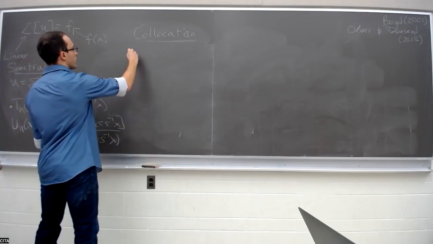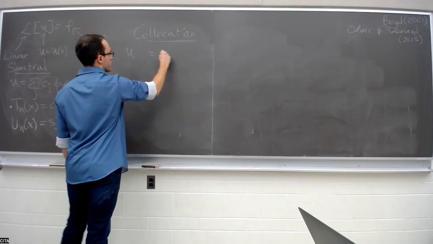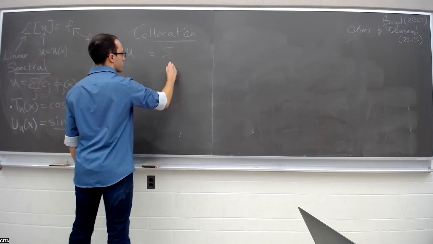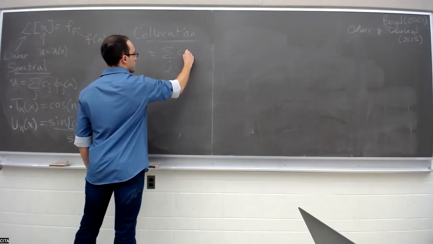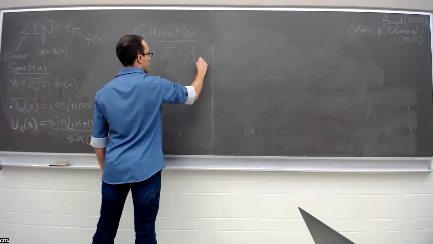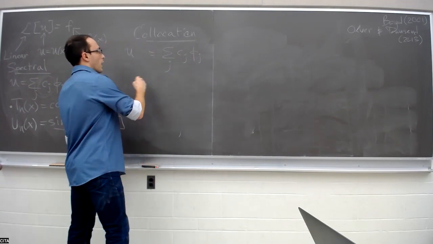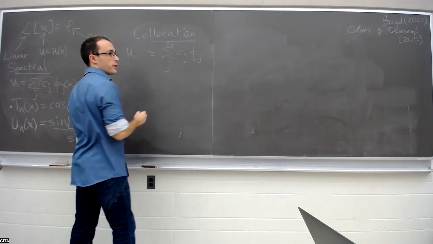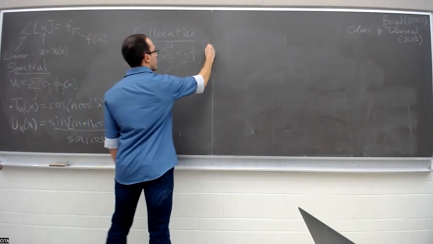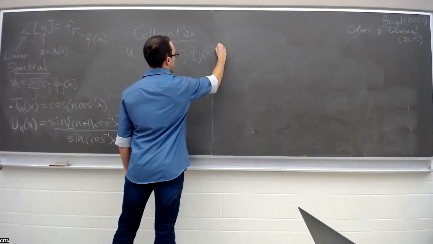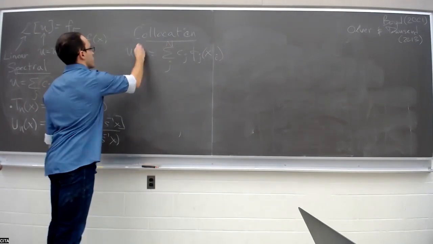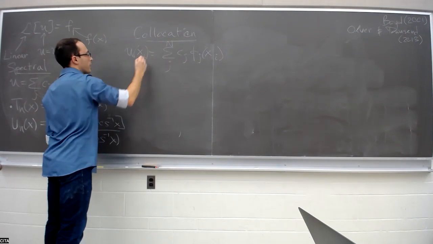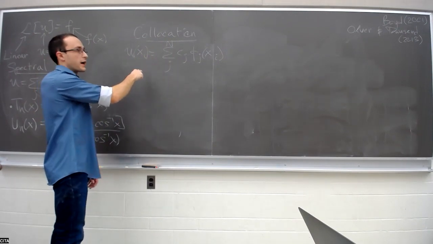So we still start out by making an assumption that we're expanding our solution in terms of some set of basis functions, except that in this case, we assume that if we truncate this summation at some degree n and evaluate this expansion at a specific set of collocation nodes, that this equality is exact.